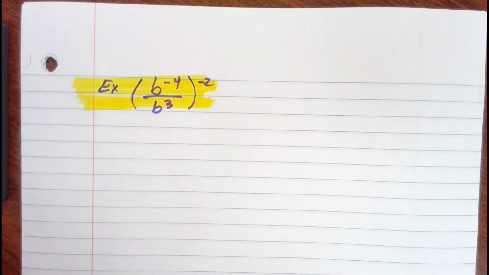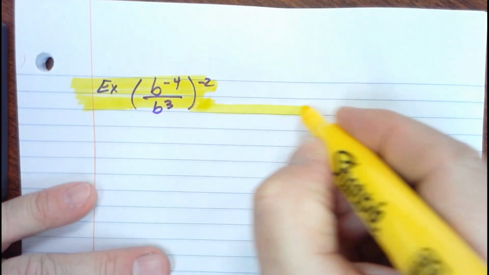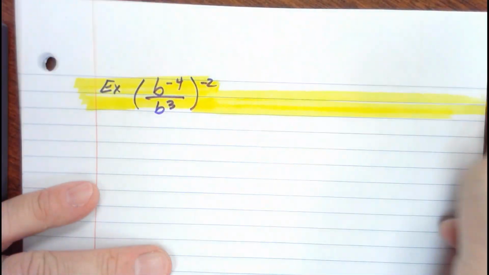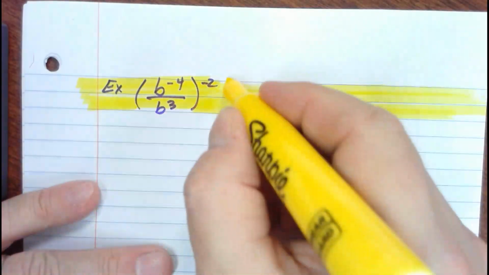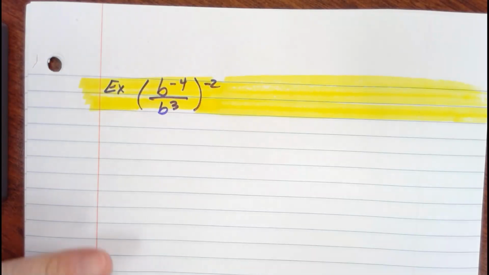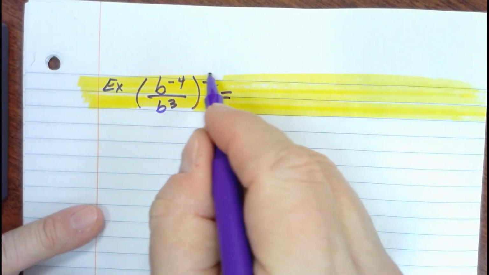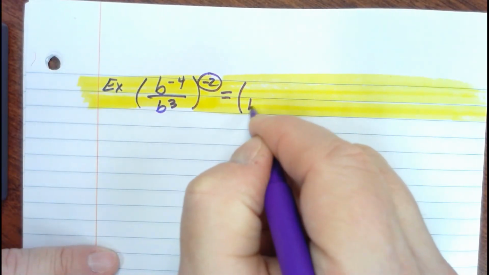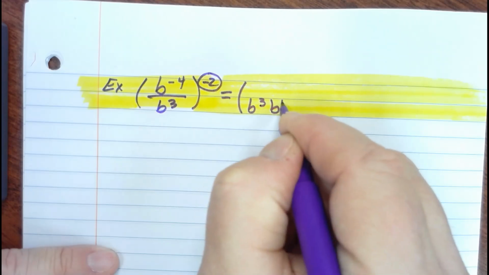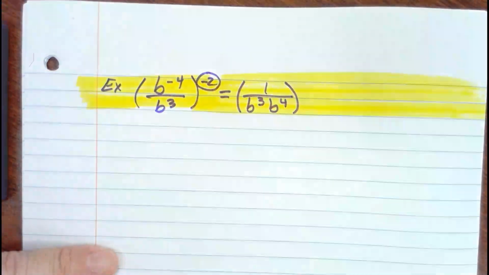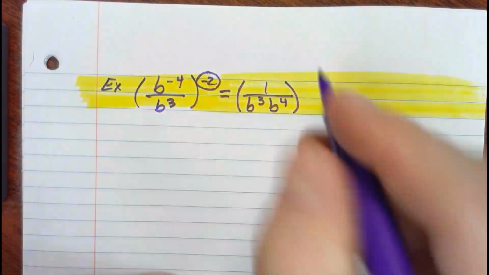Now I've told you earlier that we have to follow the rules and order of operation, and we have to simplify inside the parentheses if we can or should. So before I ever consider this negative 2 on the outside, I'm going to make the inside of this fraction with all positive exponents.